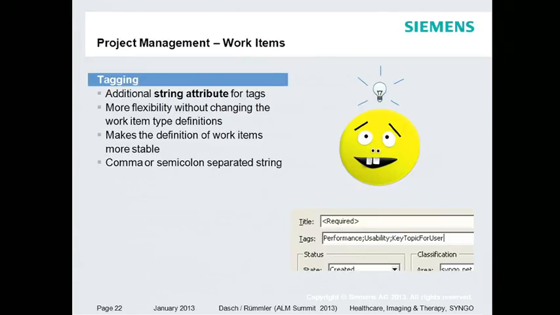Please imagine we have different teams and all of them have little requirements on the different work item type definitions. One team says, well, I need another field 1 and another field 2, and another team comes and says, I need another 3 fields. And it is difficult to keep stability in the work item type definitions here.